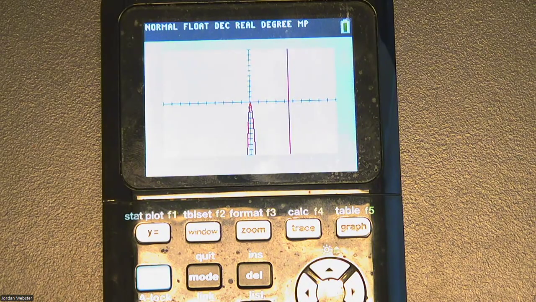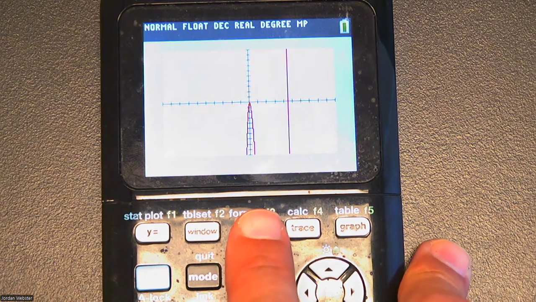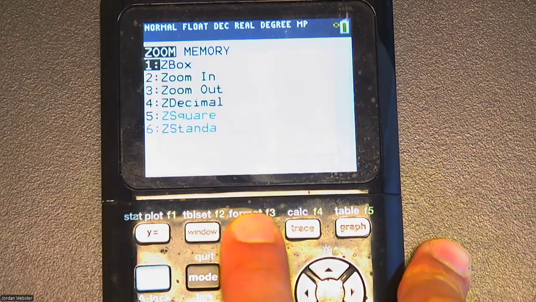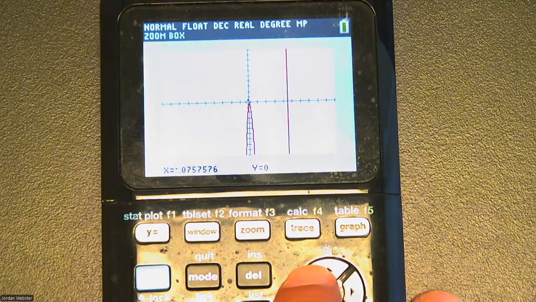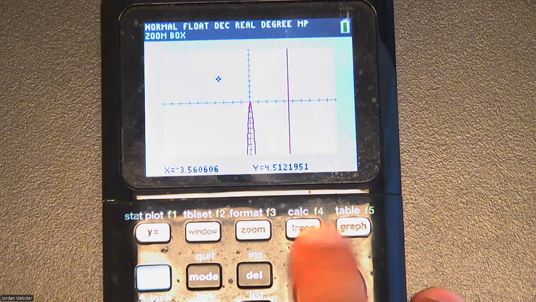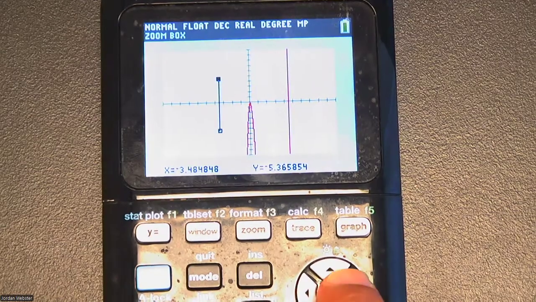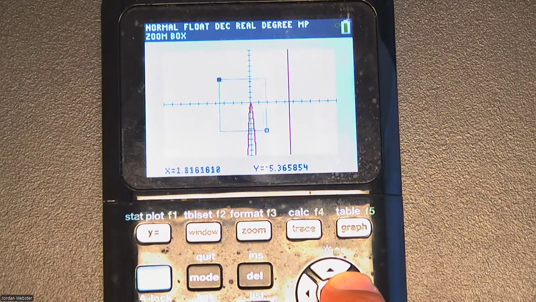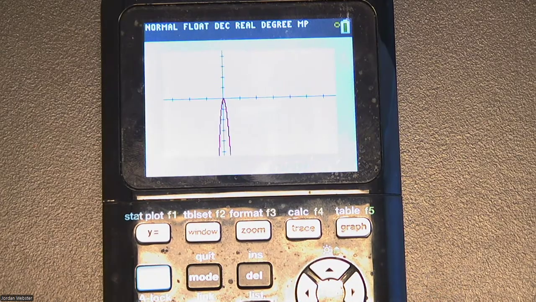If you want to zoom in on that, you can zoom using the box feature: hit zoom, then go to the upper left corner of the box, hit enter, and move down and to the right. And then you see it there too.